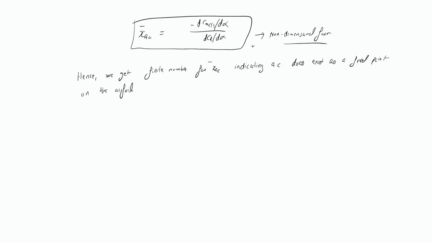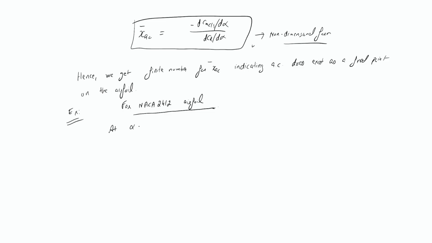Alright, now let us quickly do an example based on this aerodynamic center. Let us consider a NACA 2412 airfoil. After doing experiments in the wind tunnel, the variation of CL, CD, CM with alpha is known, and here we have the results.